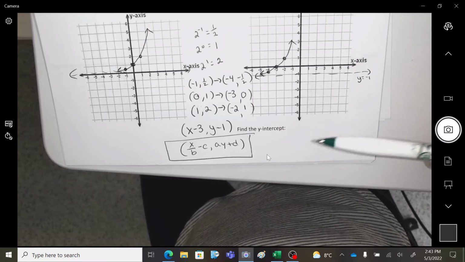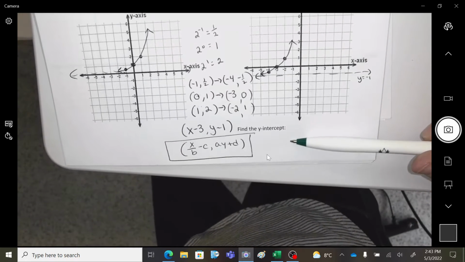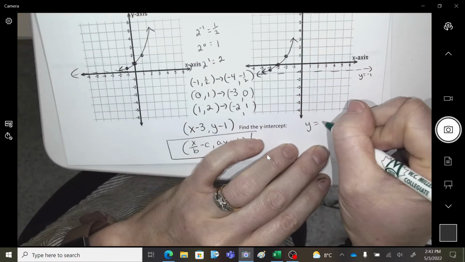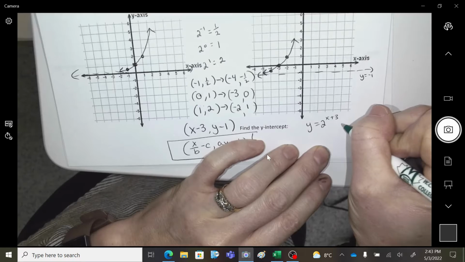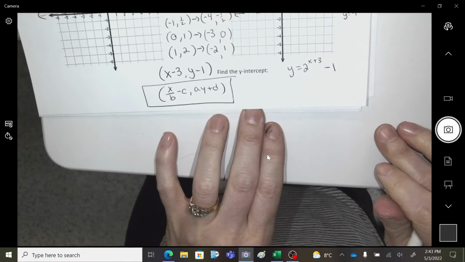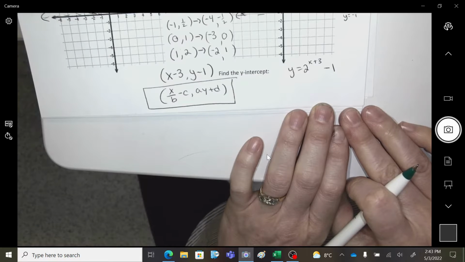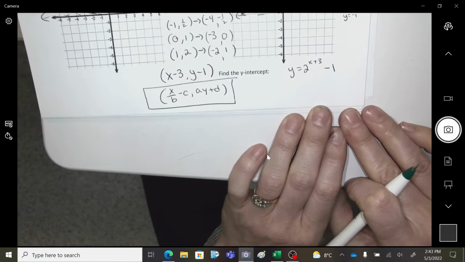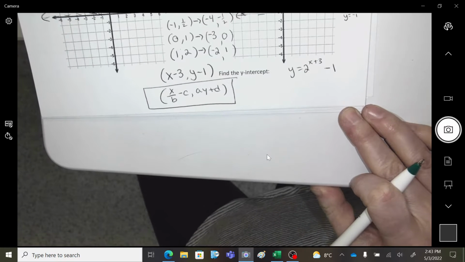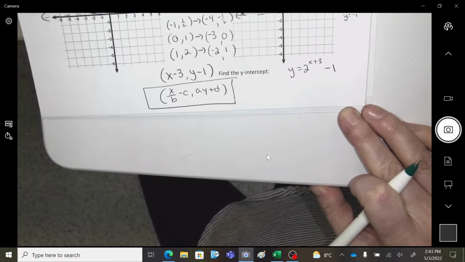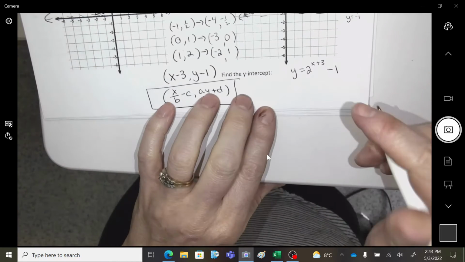Okay, I guess I see a question here. I didn't even notice it. Find the Y-intercept. Okay, so here's what I'm going to do. What does a Y-intercept mean on a graph? It is where x is 0.